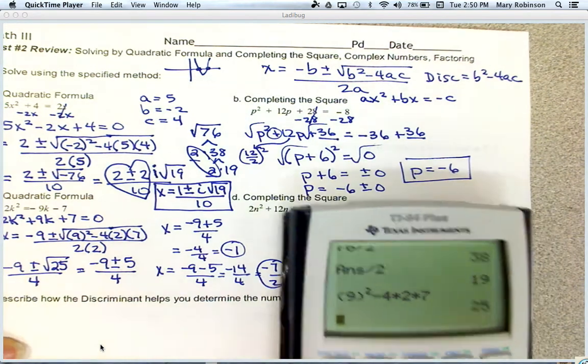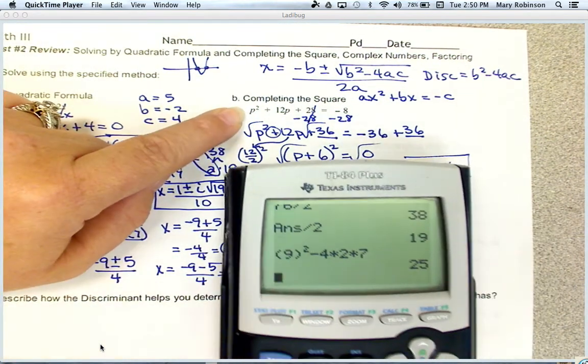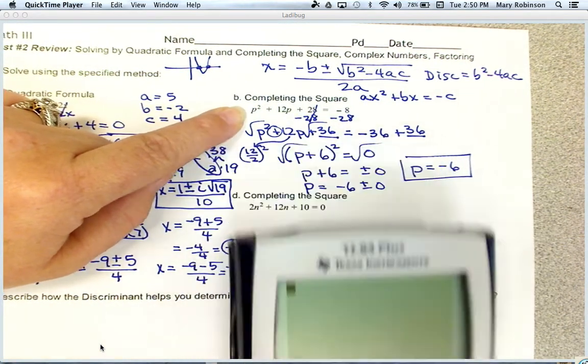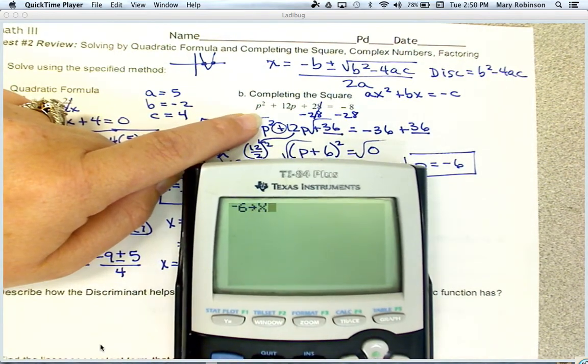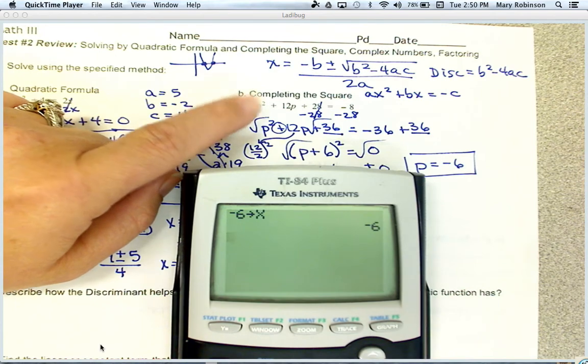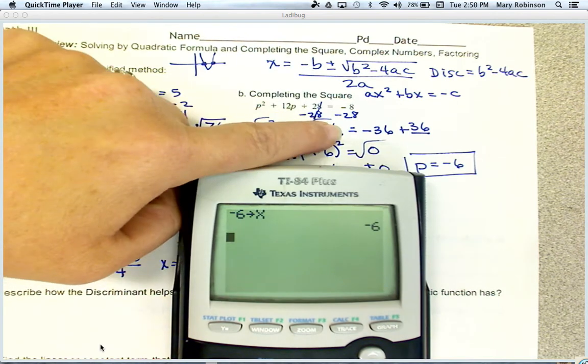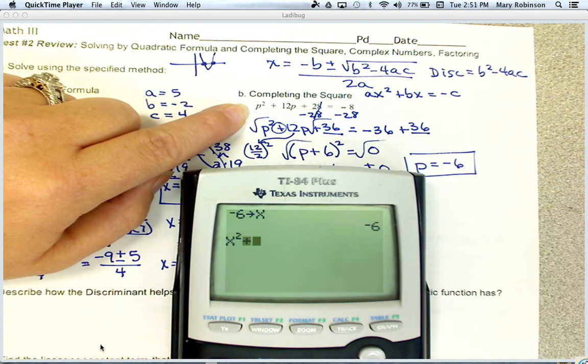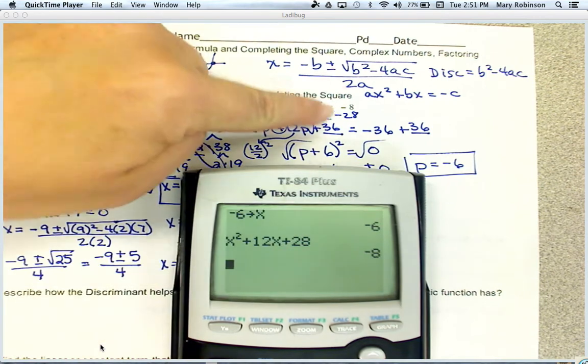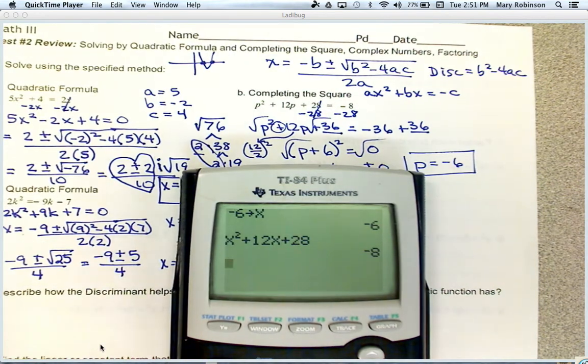Now remember, any of these we can verify. So let's say I take this and I let p be negative 6. I can do negative 6, store that as x, and then plug it in here, and if negative 6 is the correct answer, it'll come out to equal negative 8. So I'm typing in x squared plus 12x plus 28, and I get negative 8, so that shows that my answer does check out.